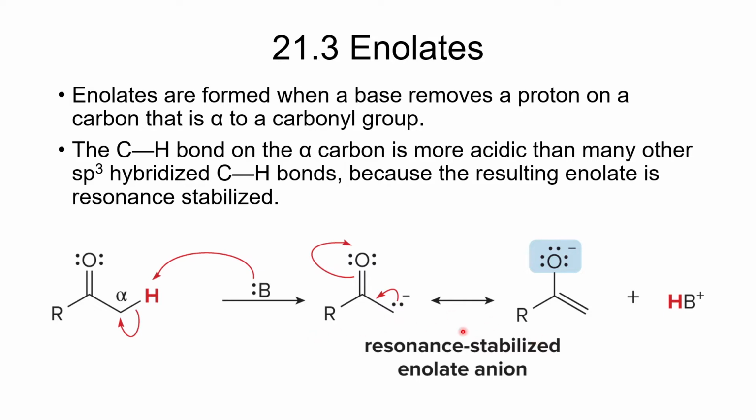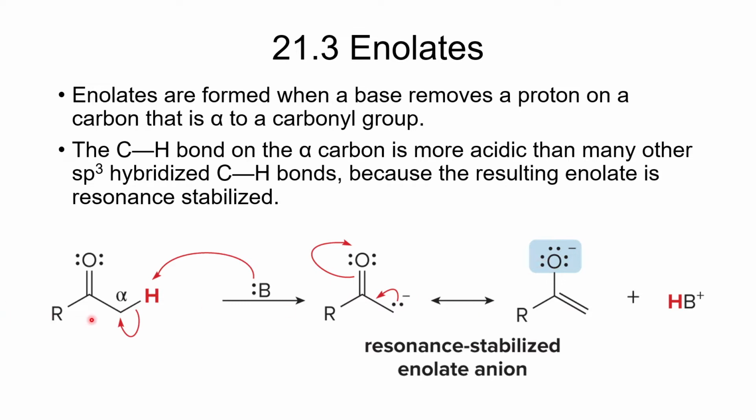And so that means, since this is pretty stable, this hydrogen is going to be more acidic than your typical sp3 hybridized carbon. So again, this is going to be more stable because our conjugate base has two resonance structures, and one of those resonance structures puts the negative charge on an oxygen.